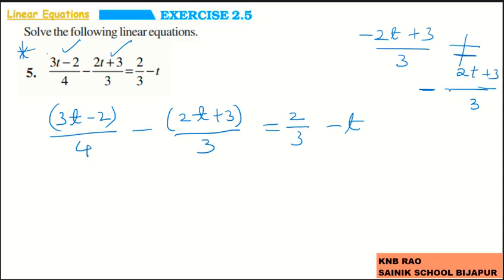This is nothing but what I have written here. Why? Because minus is there for the whole fraction. This is just nothing but minus of this whole fraction. But whereas in this case, minus is only to this term 2t. That means this 2t term is negative.